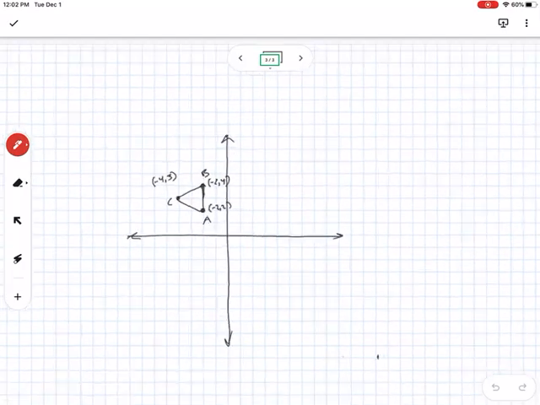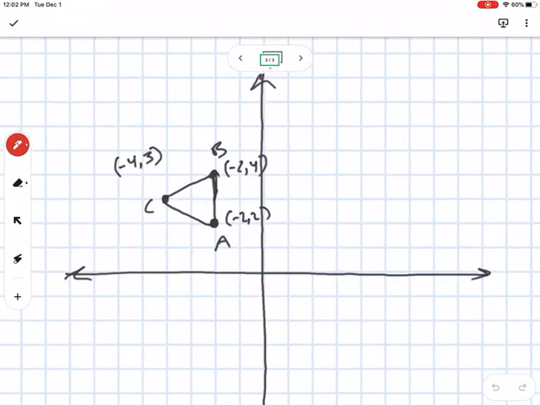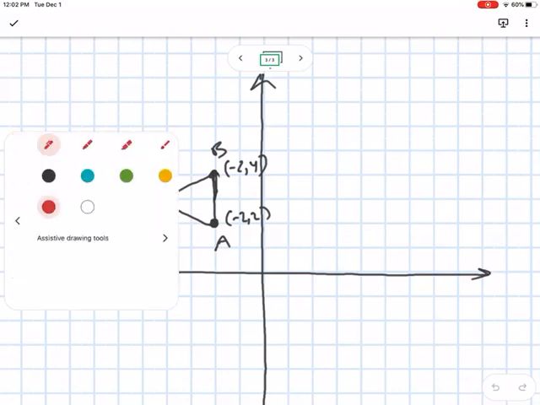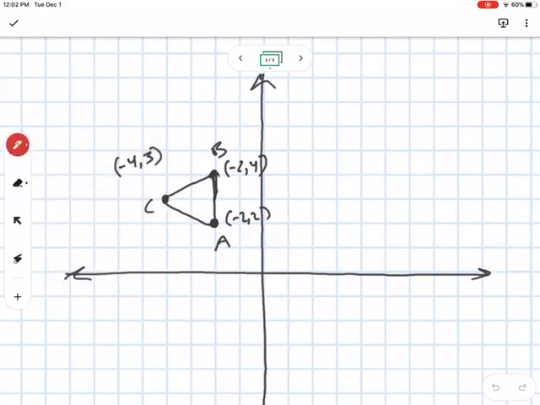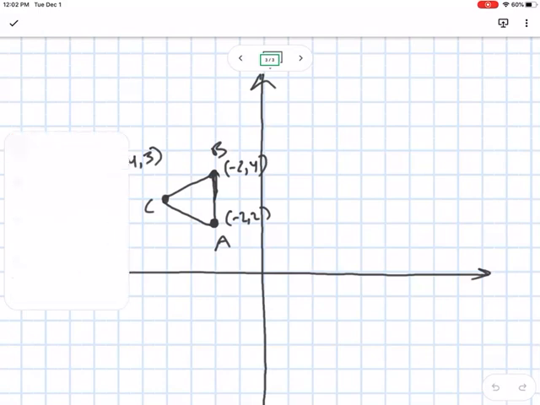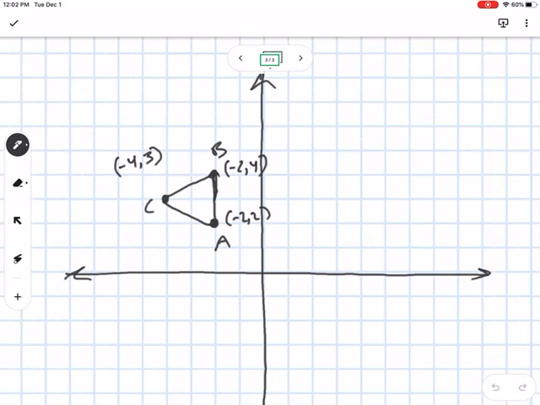Okay, using that logic, you can rotate shapes around the origin, and really, the way you rotate a shape is just by rotating each of the points. So starting with A, let's just say we're going to rotate this one 90 degrees.